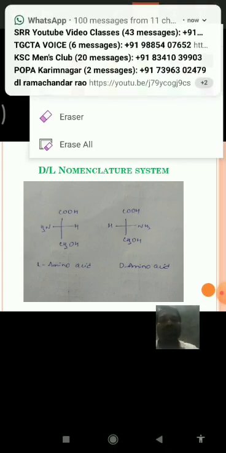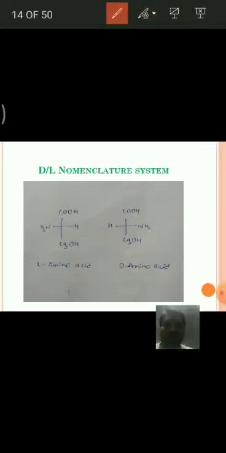If the NH2 group is on the right side, then the molecule is configured as D. In the first molecule, the NH2 is on the left side, hence it is configured as L amino acid, and in the second molecule the NH2 is on the right side, hence it is configured as D.